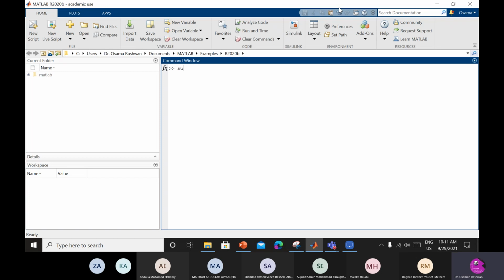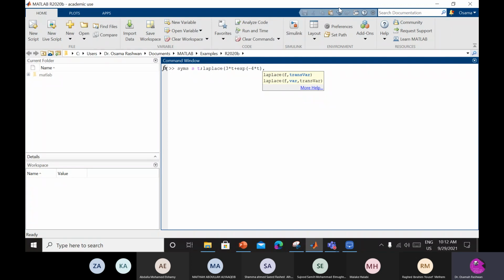Syms, I define the symbols. Syms s t semicolon. Laplace open bracket. I have 3t, so 3 star t plus exponential function, which is written exp to the power minus 4 multiplied by t. I finish writing the function.